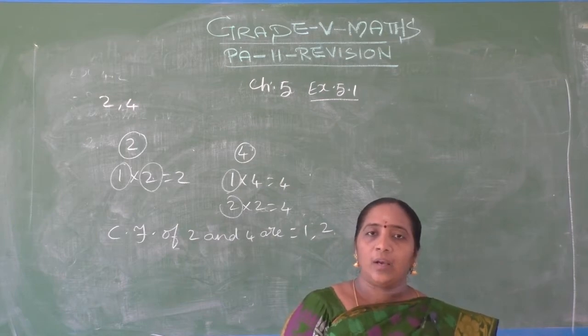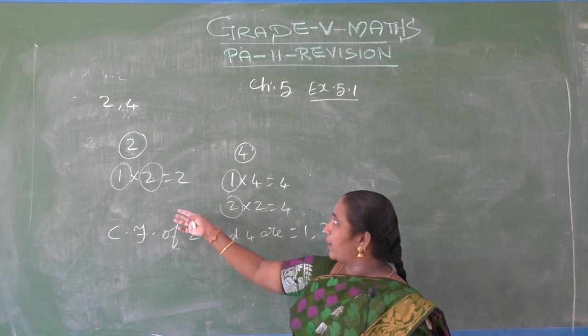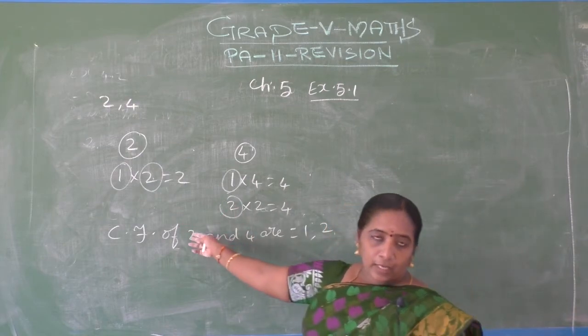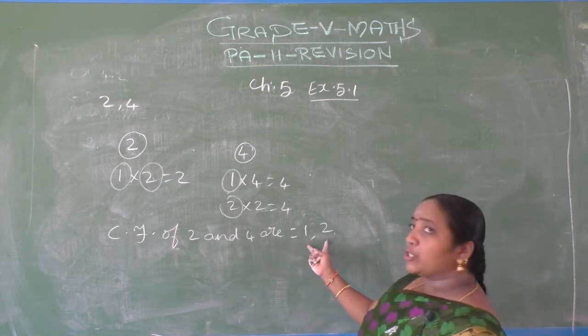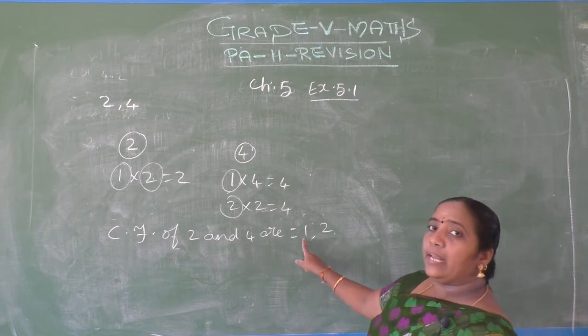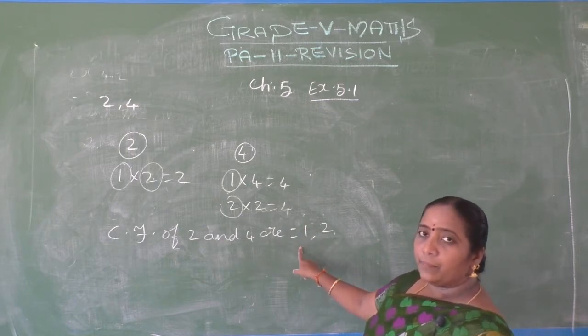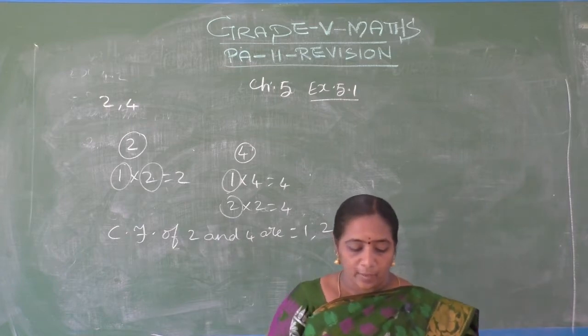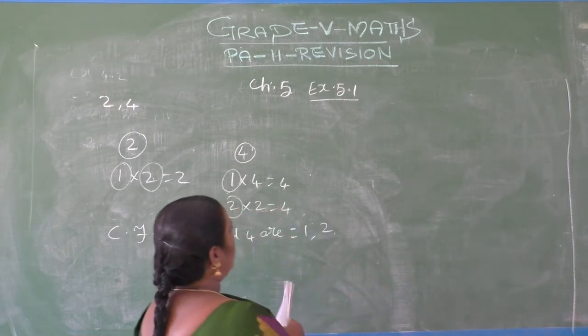Now I found the common factors for 2 and 4, but these numbers are not co-prime because they have 2 common factors. If 1 is the only common factor, we call them co-prime numbers.